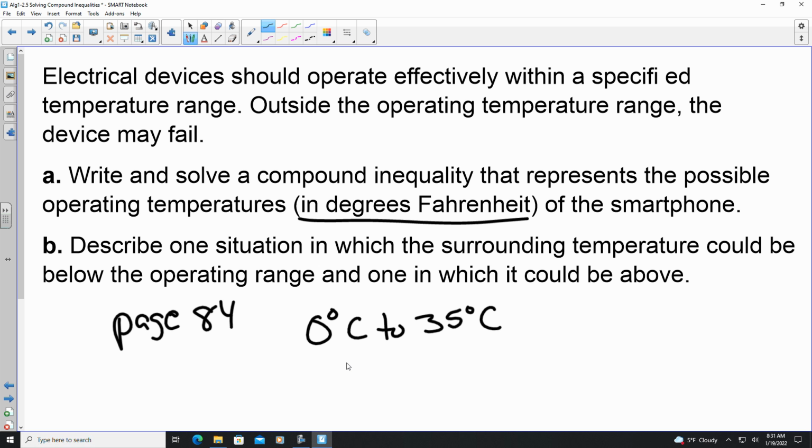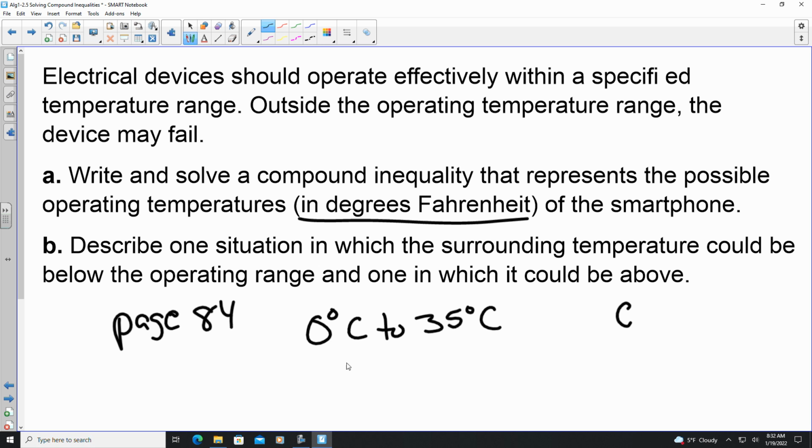Now, in example A, they want you to figure out the possible operating temperatures in Fahrenheit. So we have to remember our formulas for converting.